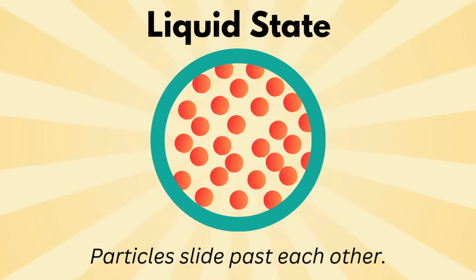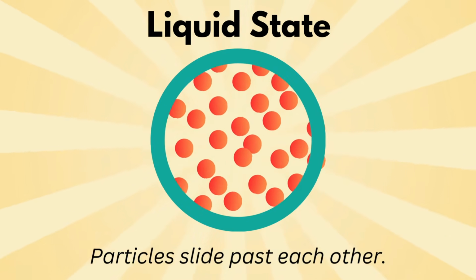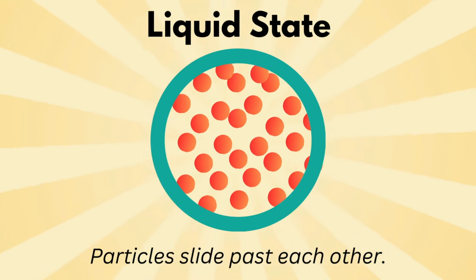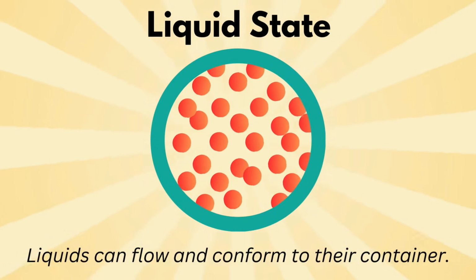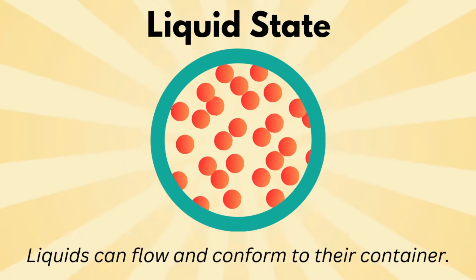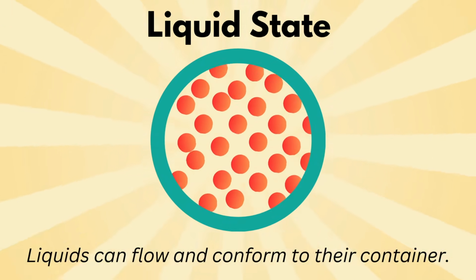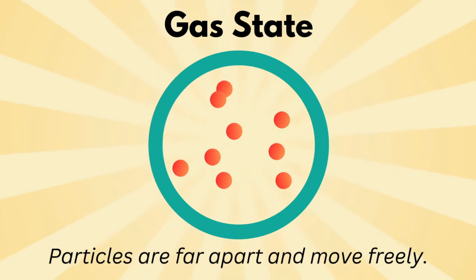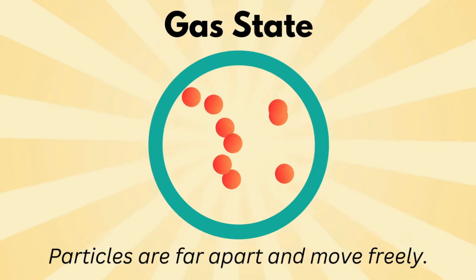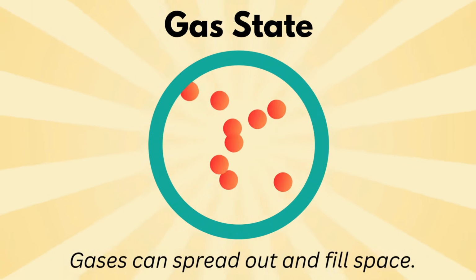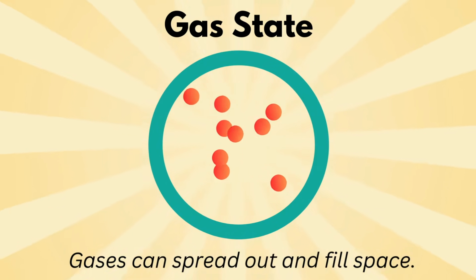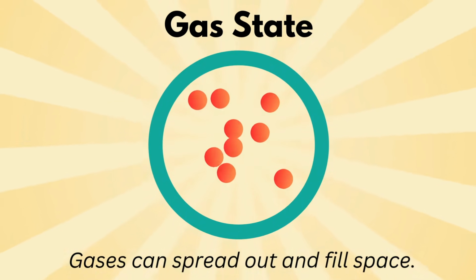In liquids, particles are still close, but they can slide past one another. This is why liquids flow and take the shape of their container. In gases, particles are far apart and move freely in all directions. That's why gases spread out and fill any available space.